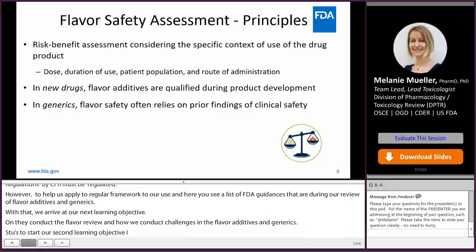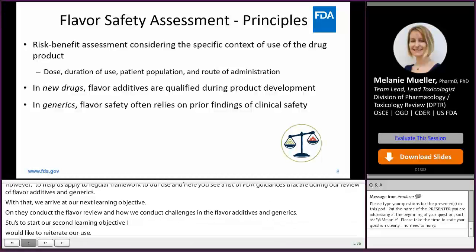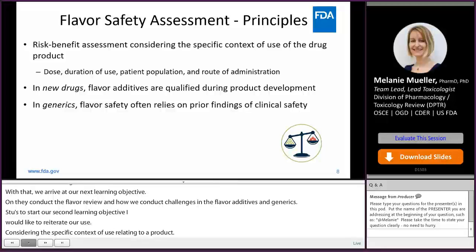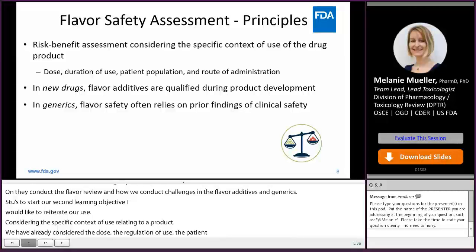Hereby we consider the dose, the duration of use, the patient population, as well as the route of administration. In new drugs, flavor additives often are qualified during drug product development. It means that clinical and non-clinical data that also include the flavor are submitted for review. In generics, on the other hand, flavor safety often relies on prior findings of clinical safety.